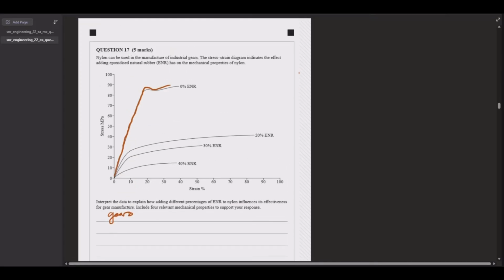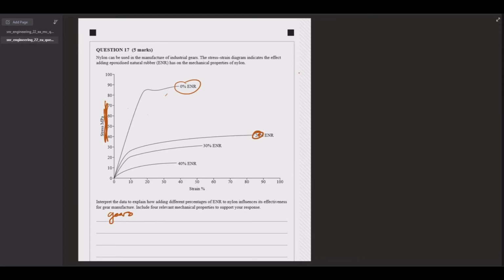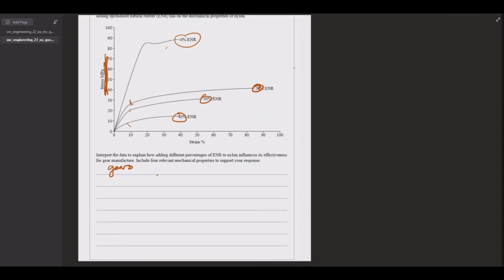And we also just have stress here as well. So we want it to be able to withstand a lot of stress inside the elastic zone. The best candidate for nylon gears is going to be this 0% ENR, and we're going to see that as we increase the amount of ENR, we're going to get a lower and lower yield point and lower and lower ultimate tensile strength, which means that more ENR decreases the effectiveness of the nylon.